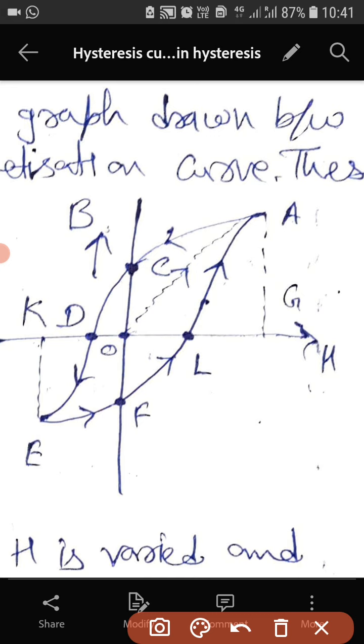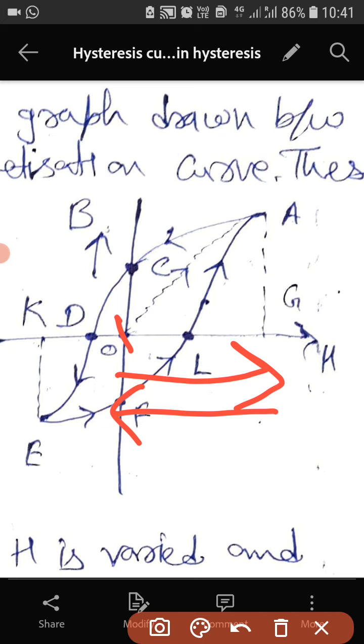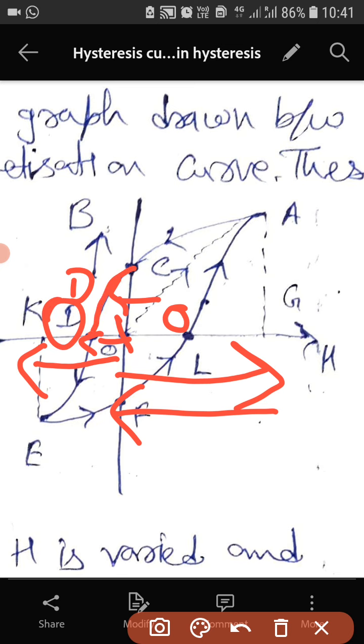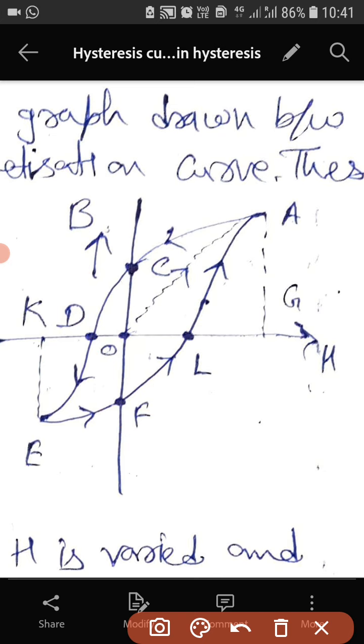Now we have reached this point. First we increased H from O to G, and then came from G to O. Now we start decreasing H in the reverse, negative direction. The value of B starts decreasing accordingly, and it becomes 0 at a certain value of H, when we reach from O to D. At this point B becomes 0.